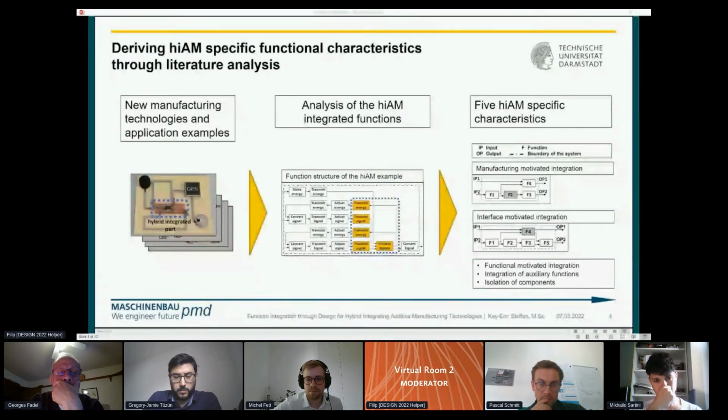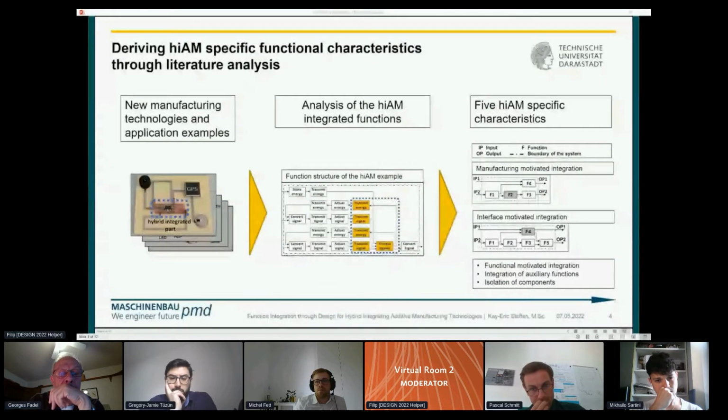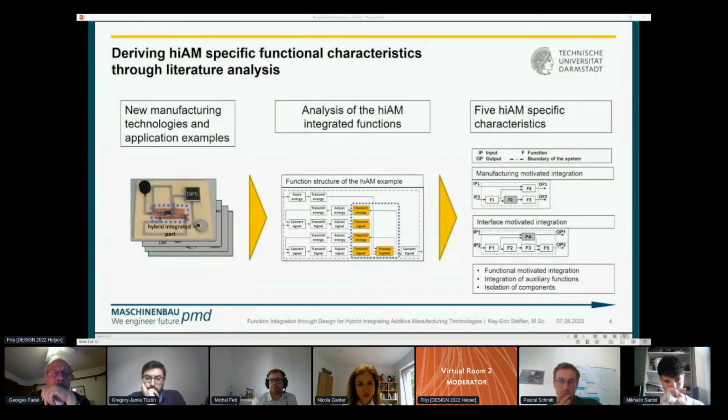The fourth characteristic is integration of auxiliary functions for minimal influence on the design. And the fifth, integration of auxiliary functions for isolation of function carriers. The first 3 refer to the function structure immediately during or after its creation. The characteristics 4 and 5 are usable after the specification of the functional carriers.